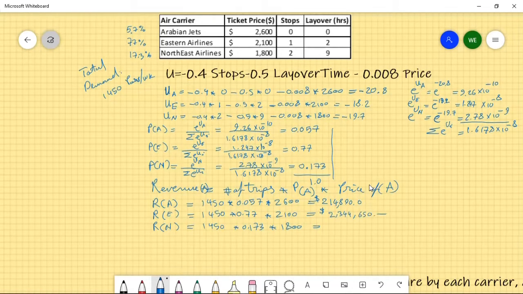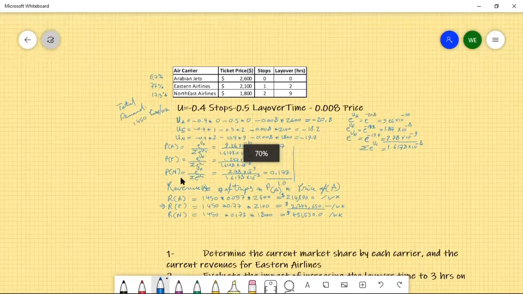Correct this way? Yes. Okay, thank you. For the third option, for Northeast, 451,530. So this is 450,000 and 530 US dollars. Okay, so now that's the current revenue. So this is per week. So this way we are done with the first requirement that we had.